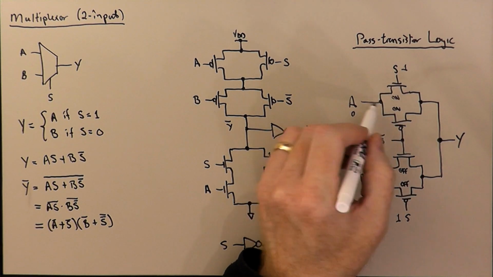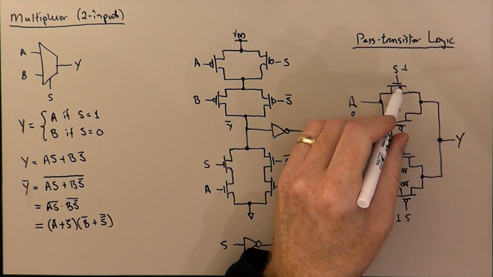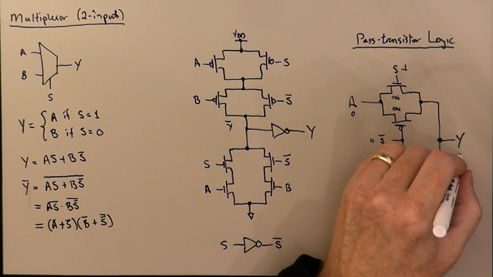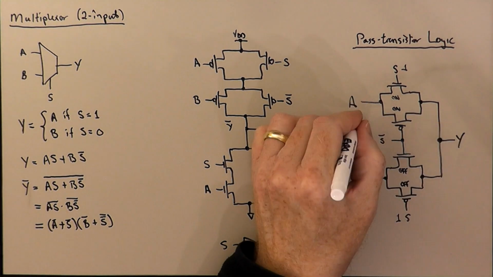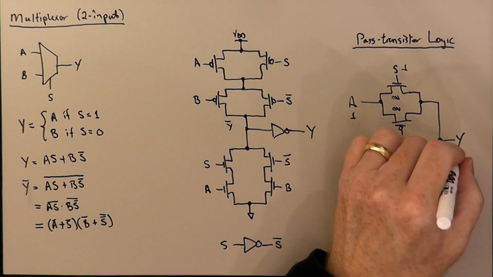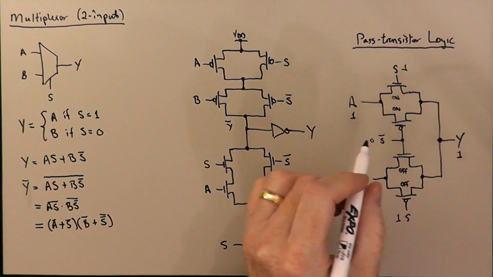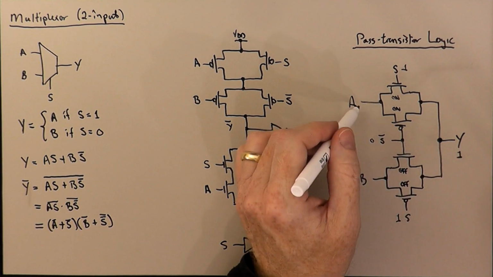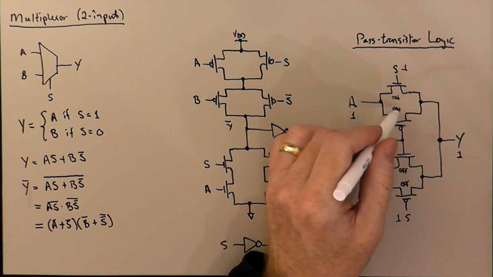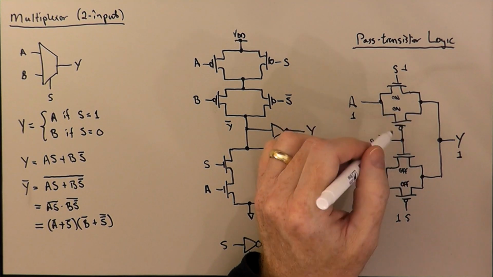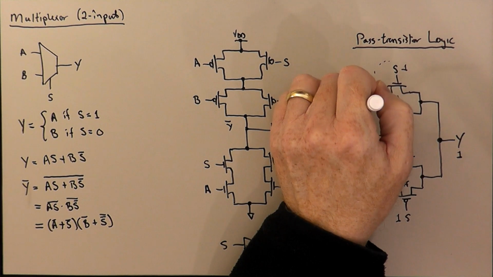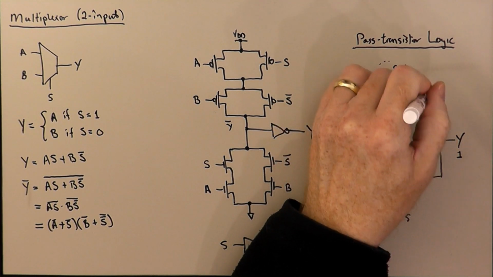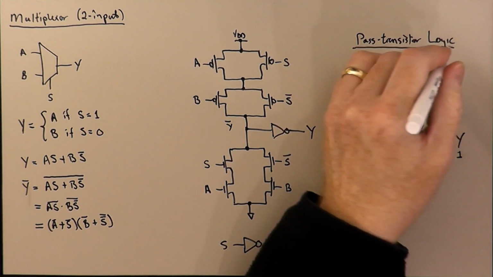So the A is passed in a nice strong way by the NMOS, and we get a nice strong 0 out, just like before. But if we make A 1, Y will also be a nice strong 1. That'll be mediated through this PMOS transistor here. So this combination of an NMOS and a PMOS transistor in parallel is called a CMOS transmission gate.